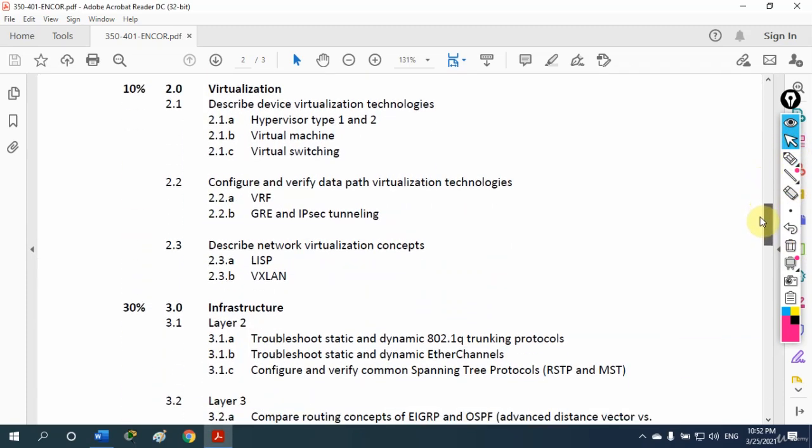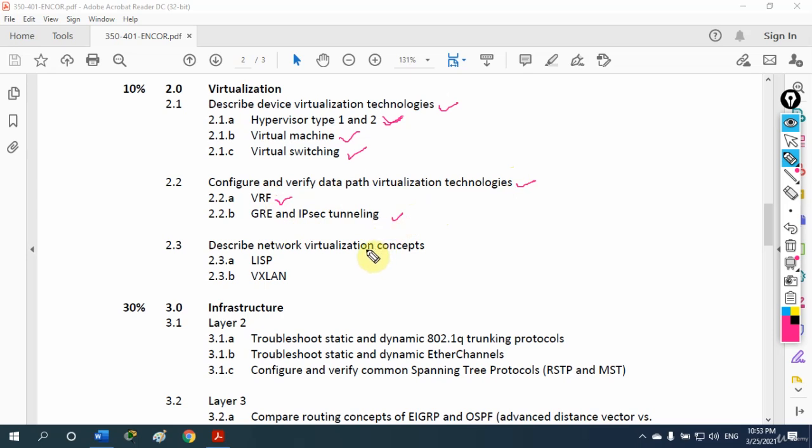For virtualization we are going to get 10%. In virtualization we have hypervisor type 1 and hypervisor type 2. We already learned this in CCNA, but here we also describe device virtualization techniques: hypervisor 1, hypervisor 2, virtual machine, and virtual switch. After that we have configuring and verifying data path virtualization technologies, that is VRF and GRE and IPsec tunneling.